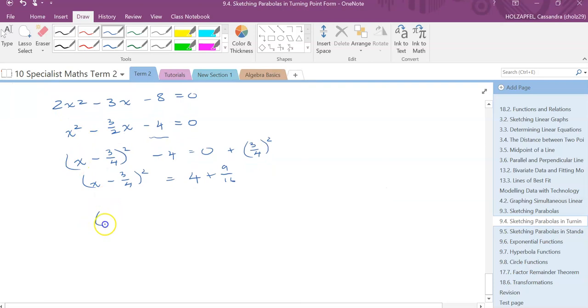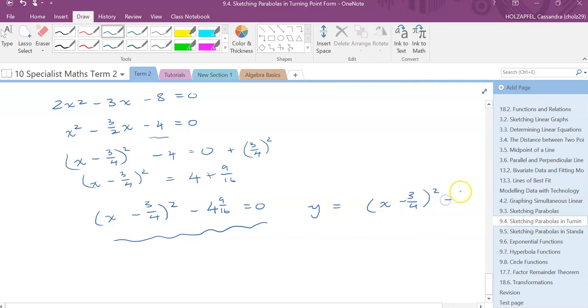So I have x minus 3 over 4 squared minus 4 and 9 over 16 is equal to 0. So this would be if we were trying to find the x-intercepts, for example, because we're letting y equal to 0. So if I wanted to write this generally as a function, I could just pop the y back in and write y is equal to x minus 3/4 squared minus 4 and 9/16.